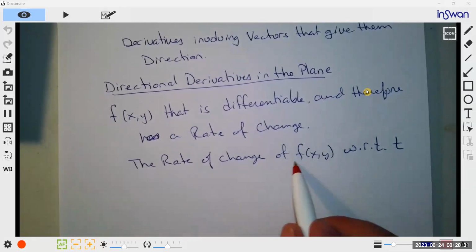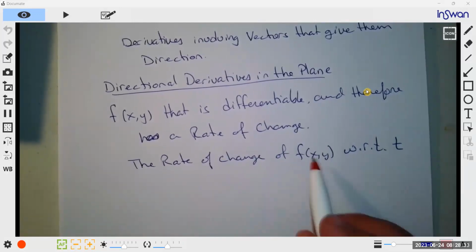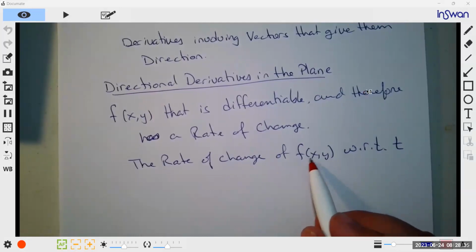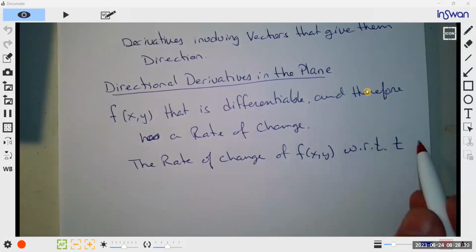So we're defining our function. It's a function with respect to t. So even though it says f of x, y, x and y are subfunctions with respect to t.